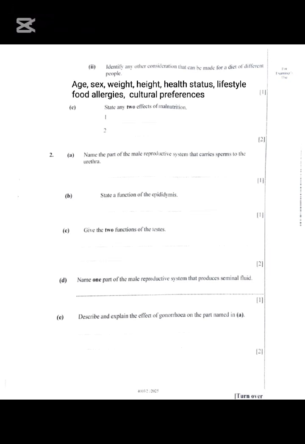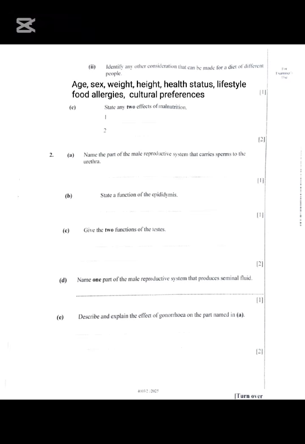The energy requirements for female is different from the energy requirements for male. We look at the health status, for example, those who are under diabetes and also hypertension, they have certain requirements on their diet. We also need to look at the lifestyle.